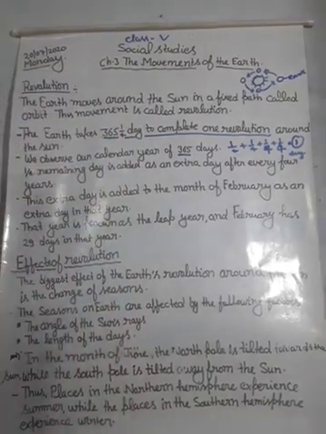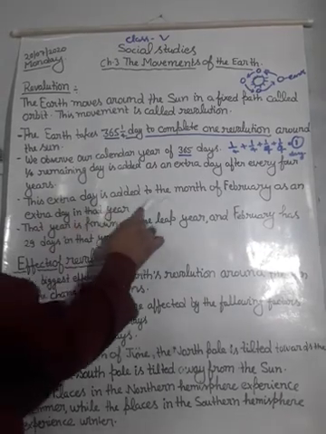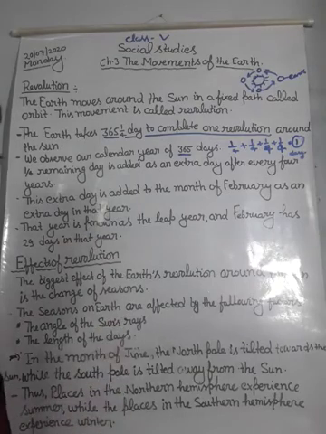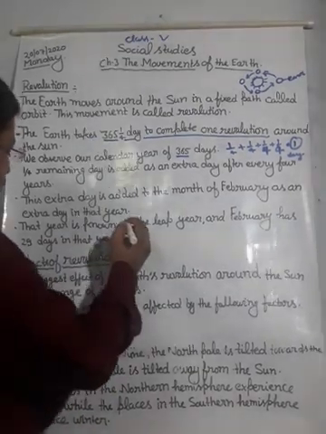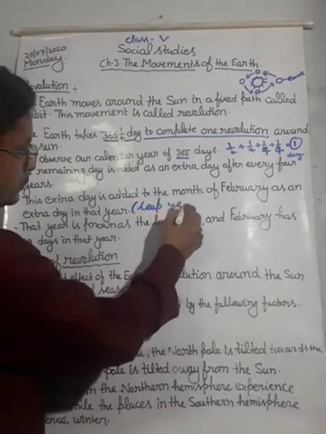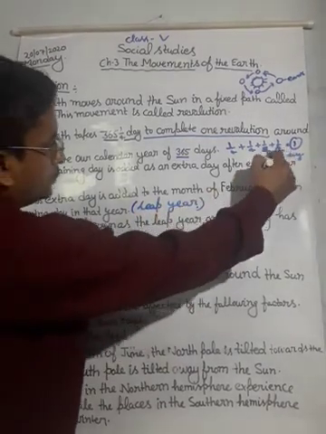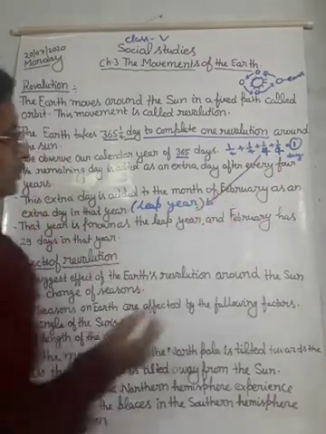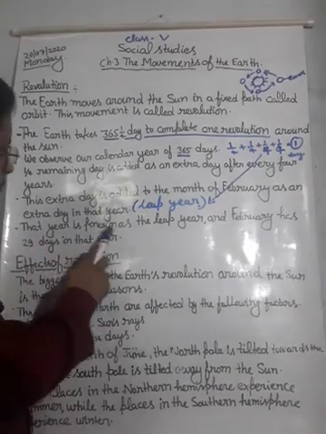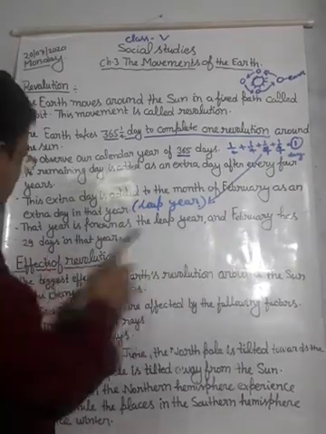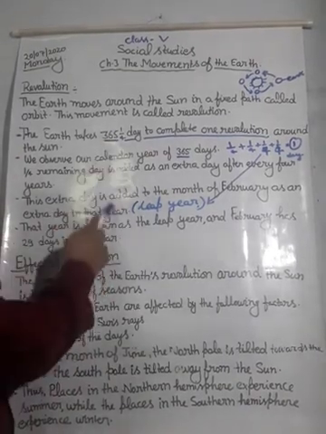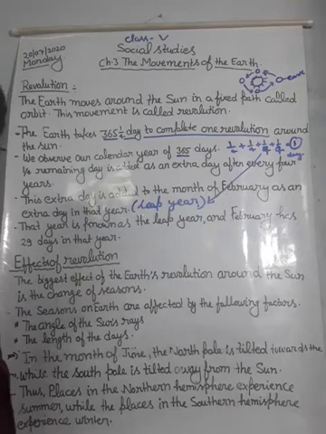So this extra day is added to the month of February in that year. That year is known as a leap year, and February has 29 days in that year. So this is the revolution of the Earth.